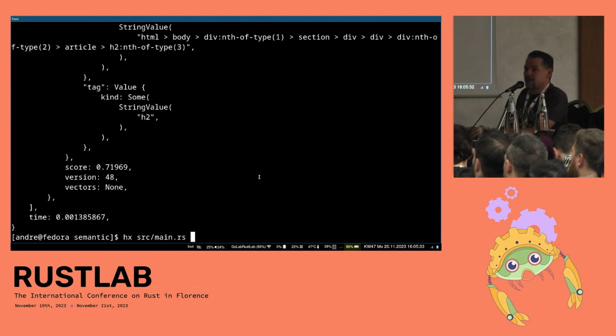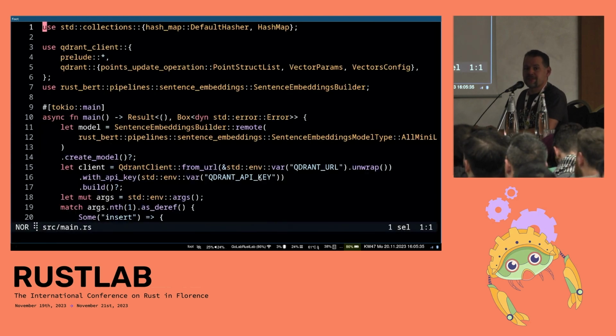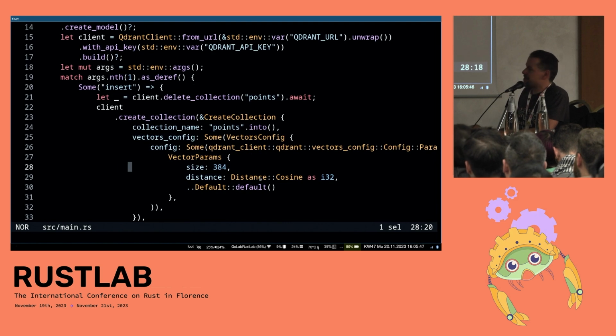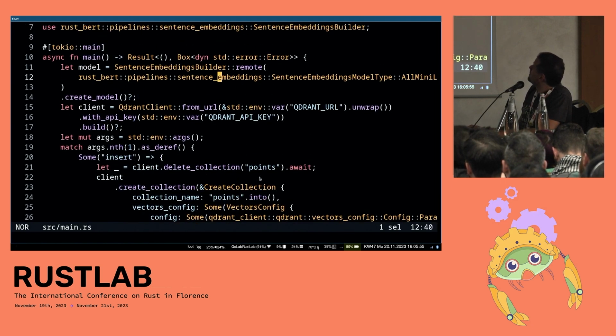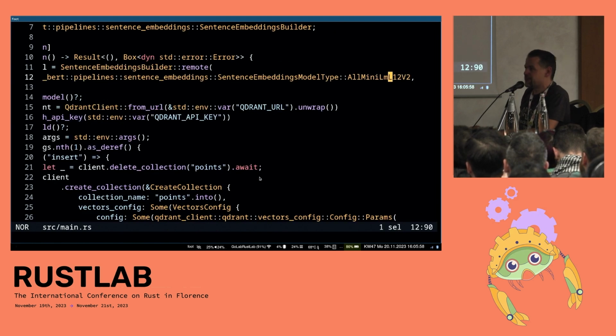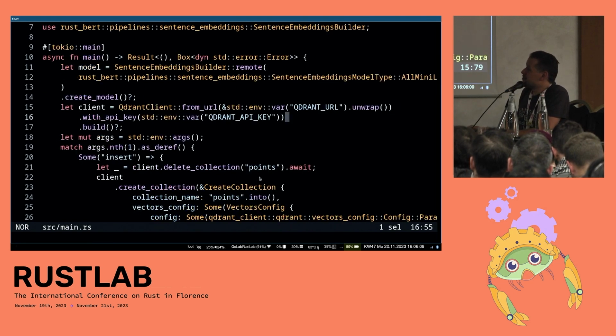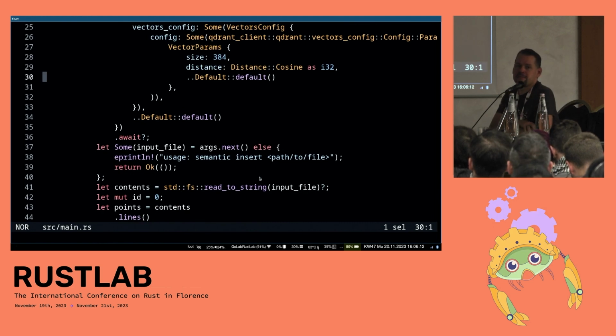You got questions? So the question was if I could go through some of the parameters I set. Especially, I think you used 384 as the embedding size. Is there any rationale behind that? Yes, both the size and the distance measurement are innate to the model I'm using, which is this MiniLM L12 v2, a BERT model that has an output size of 384 floats, and uses the cosine similarity metric.